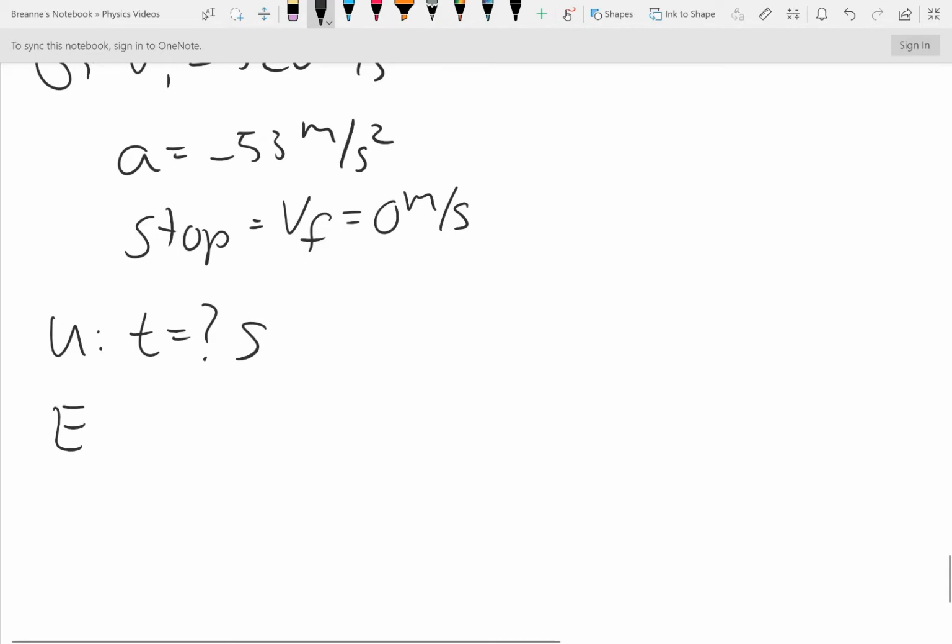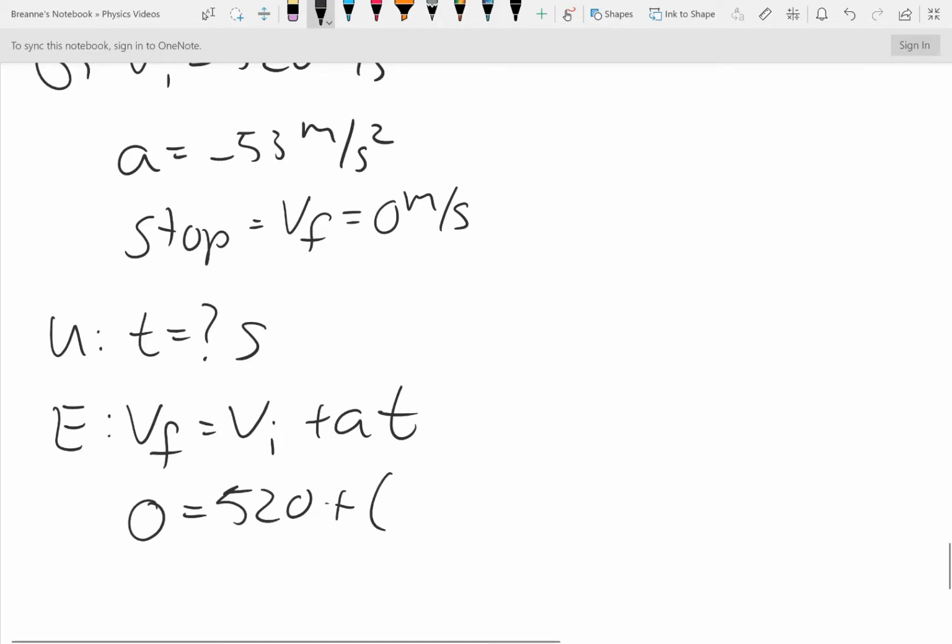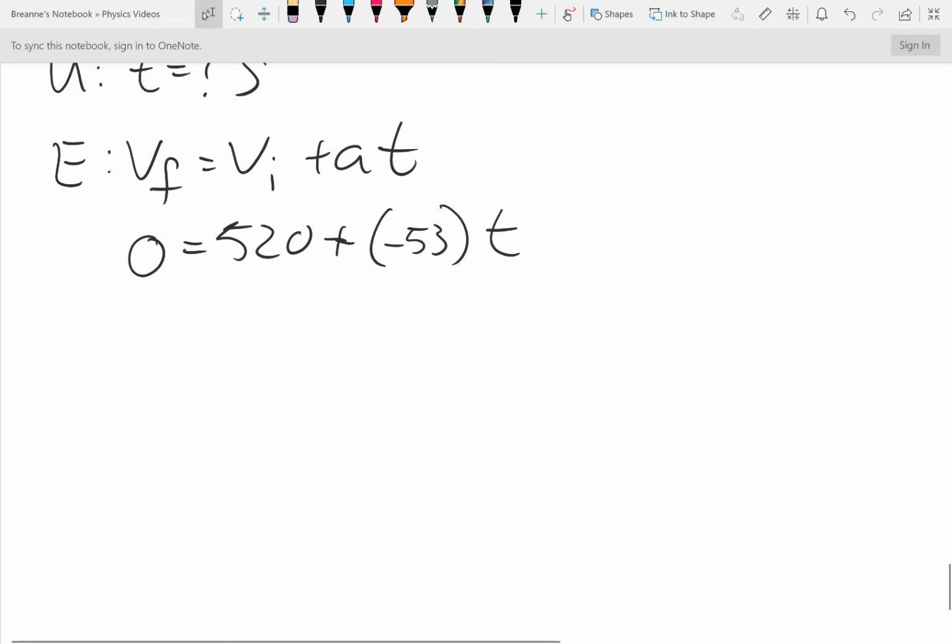So since this is exactly like the first one, we're going to use our vf equals vi plus at. Our v final is 0. Our v initial is 520 plus our acceleration, which is negative 53, times time. We cannot add or subtract those two numbers together, the 520 and the negative 53, because of the t.